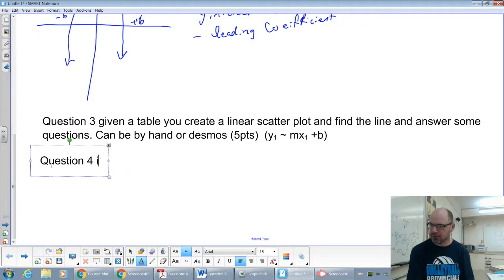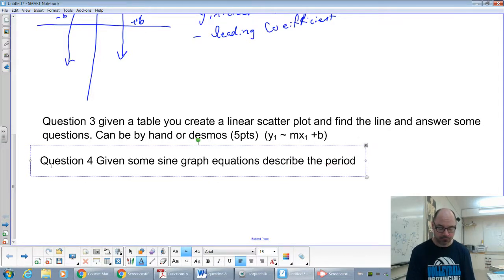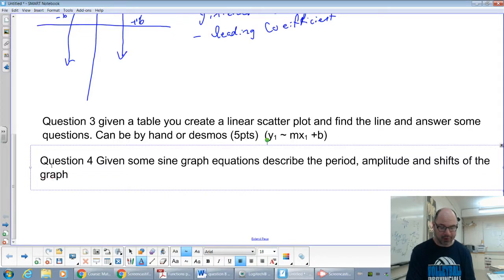You're going to be given some sine graph equations, okay, describe the period, amplitude and shifts on the graph as compared to the original sine graph.